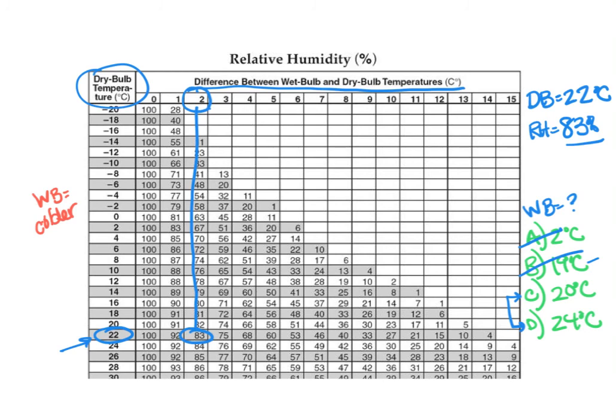So the wet bulb has got to be lower than the dry bulb. And if the dry bulb is 22, there's no way that the wet bulb could be 24. So the answer's got to be 20 degrees Celsius.